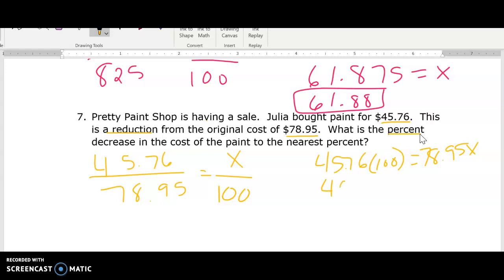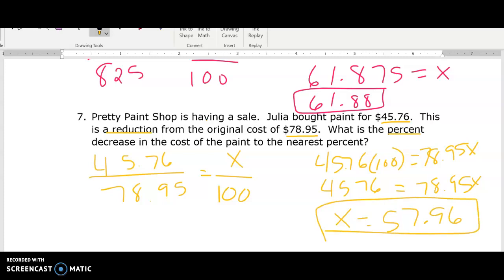Divide both sides by 78.95. x equals 57.96. So it was just under 58% sale.